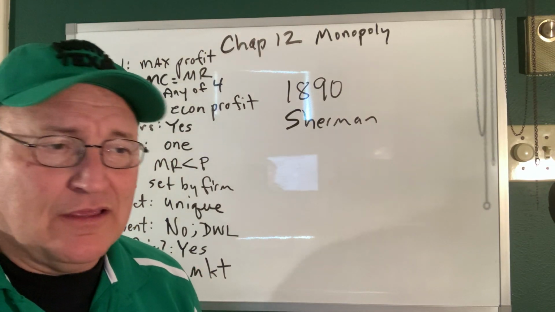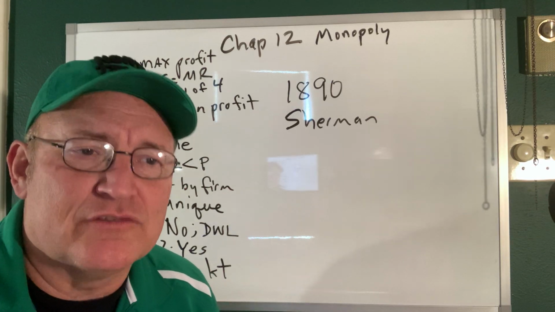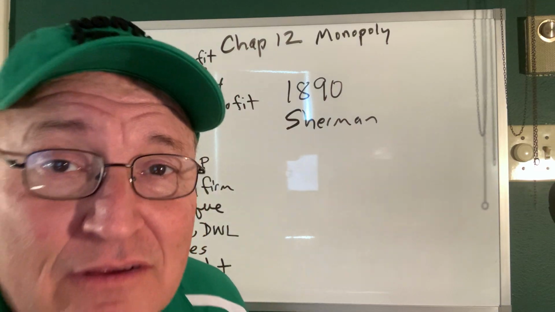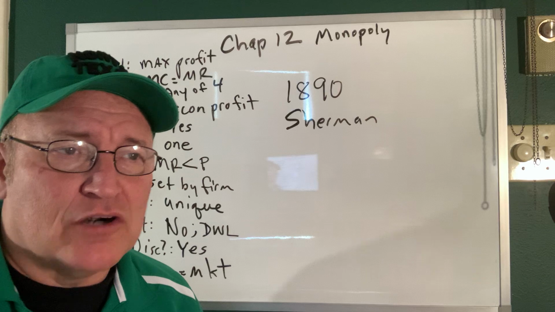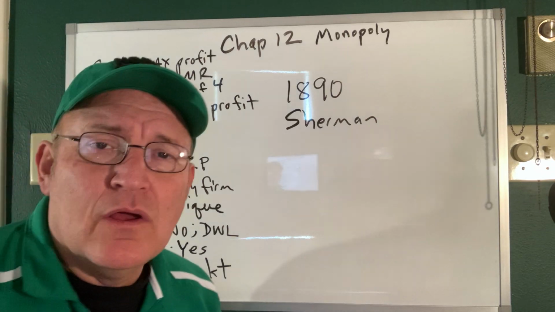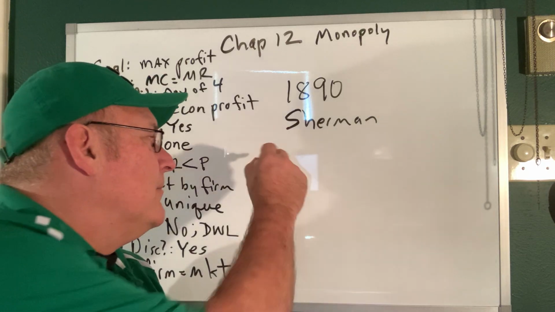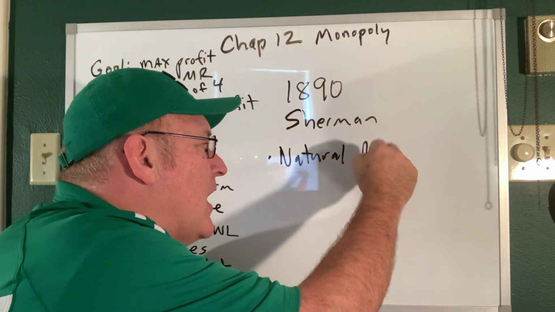And so the reality is a monopoly market structure is illegal in the U.S., except if the government says it's okay. All right, so there are certain times when the government will come along and say, it's okay. So one example is a natural monopoly.